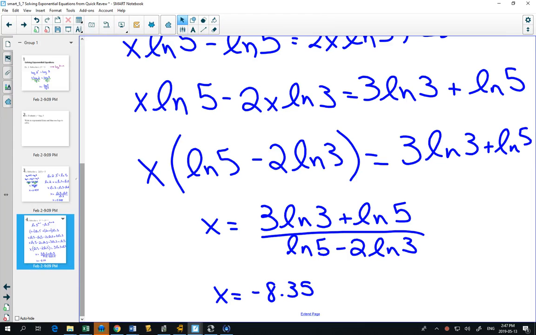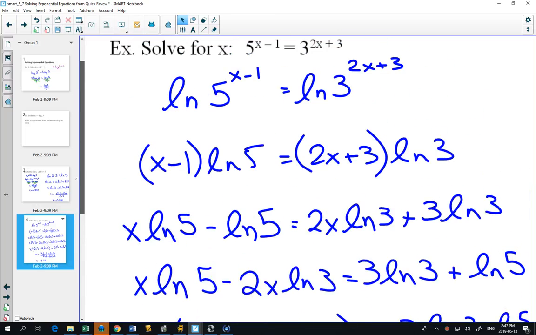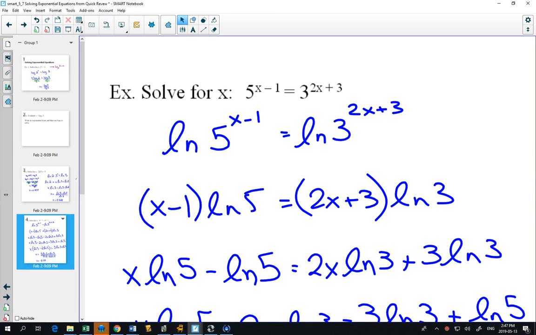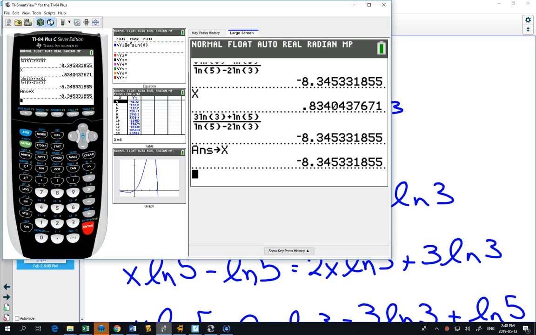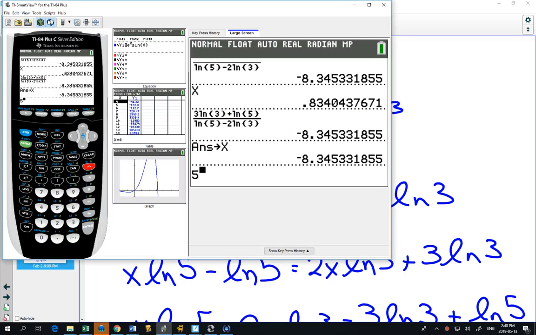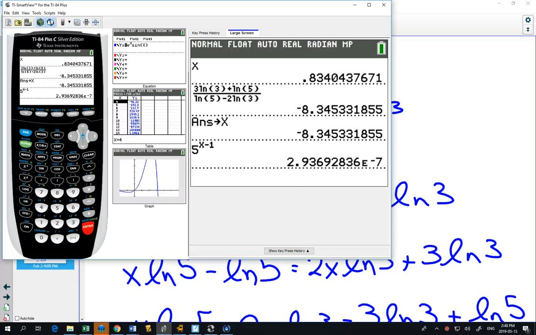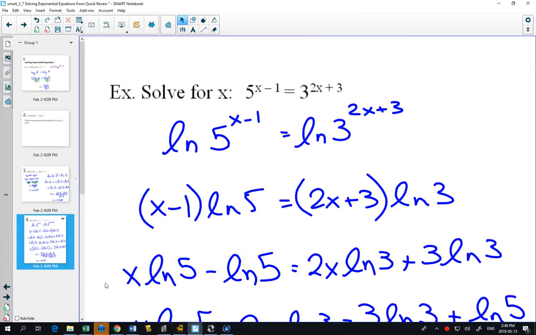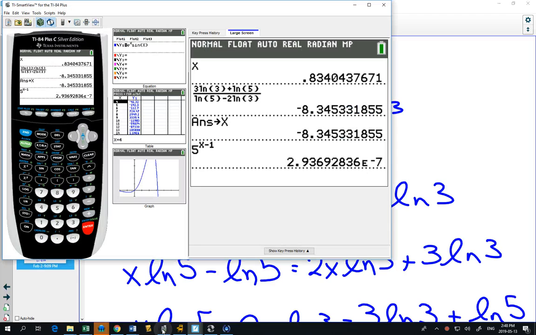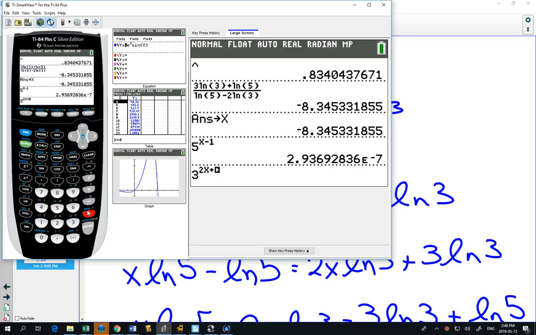To check if I'm right, my original equation said those two things should be equal. So I'm going to type into my calculator 5 to the x minus 1, because that was my left-hand side of my equation. And my right-hand side was 3 to the 2x plus 3.